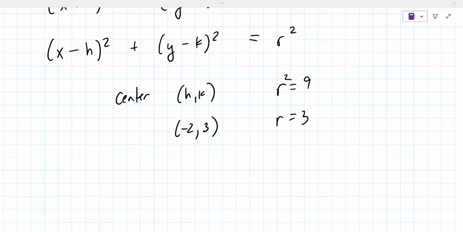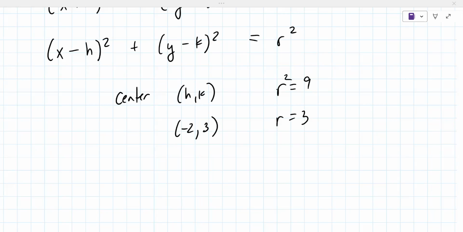Next one's one of these activities, but I just wanted to put a screenshot of the question. All right, so here's what it is.